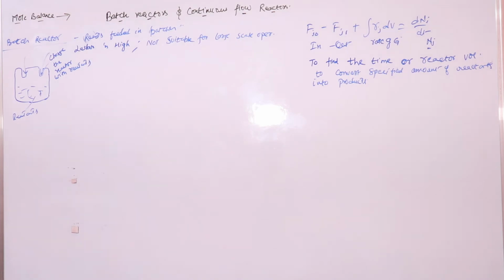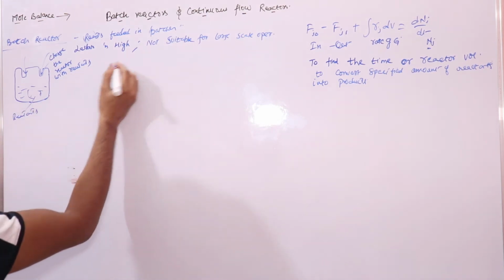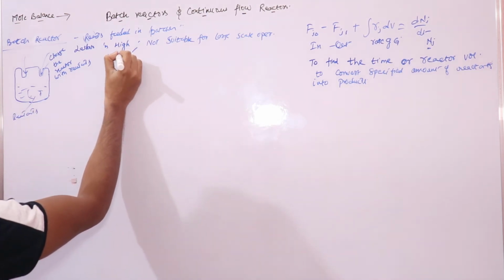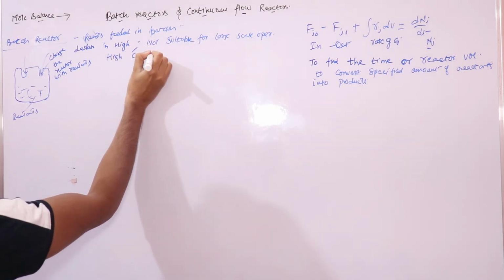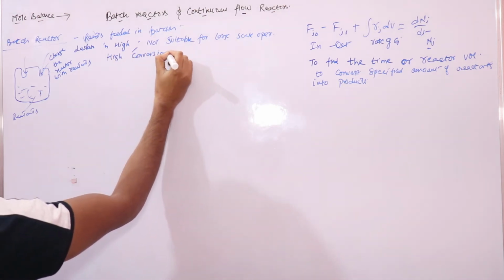So this is one of the advantages of a batch reactor, that it has high conversions, it has a high conversion rate. That can be obtained by leaving the reactants in the reactor.